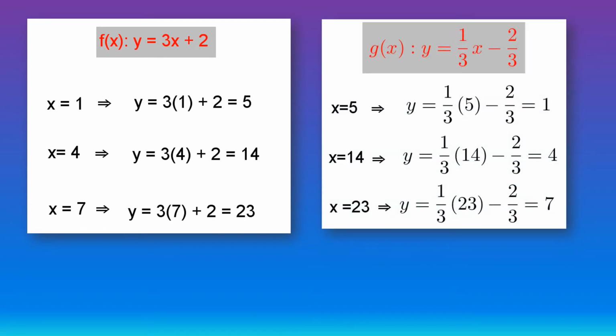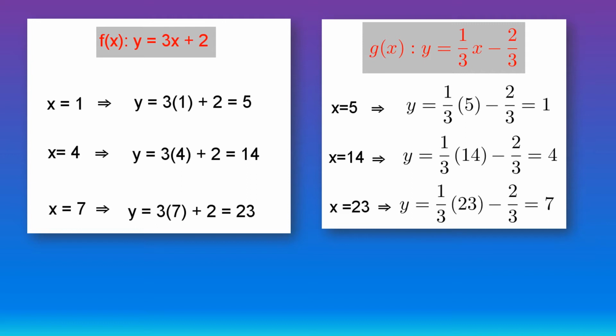Look at another function. g(x) is given as y equal to 1 over 3 x minus 2 over 3. Another straight line. Now, what we are going to do is, we got the y values of f, that is 5, 14 and 23. Now we use those y values here as the x.